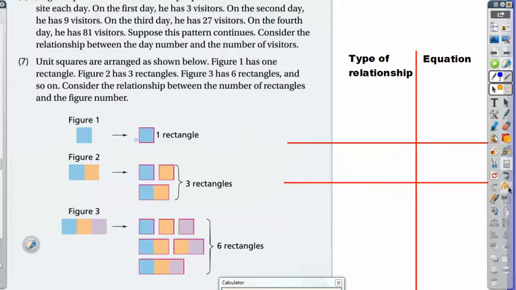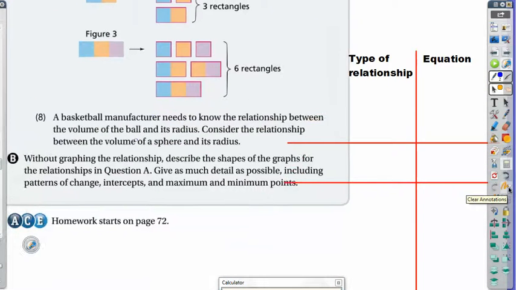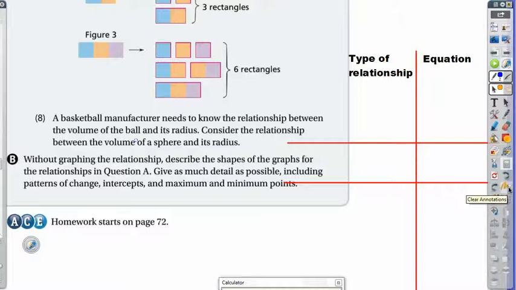And for our last one, a basketball manufacturer needs to know the relationship between the volume of the ball and its radius. Consider the relationship of volume and the radius of a sphere. So you know that the volume of a sphere is equal to 4/3 pi r cubed. Because we have a cube, we can eliminate some right now.